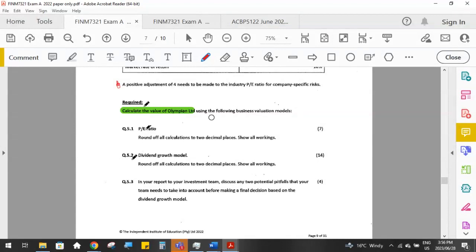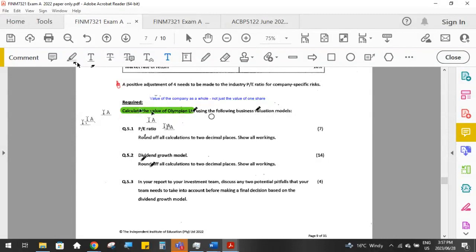Take note, they said calculate the value of Olympian Limited, which means they want the value of the company as a whole, not just the value of one share. That's what this wording means. They didn't say what price the shares should be trading at. They said calculate the value of the company.